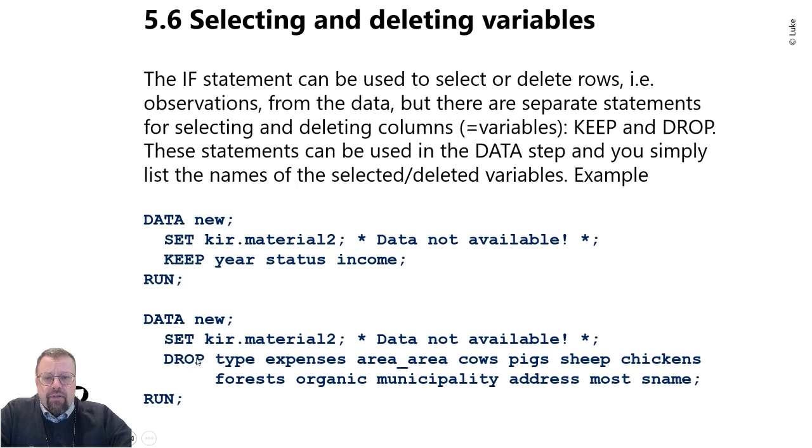Alternatively, you can use the drop statement and list the variables that you want to drop from the output dataset. Usually it's just a matter of which one is easier and shorter to write. Is it easier to write those you want to keep or those you want to drop? And in this case, the keep statement would be the simpler one.